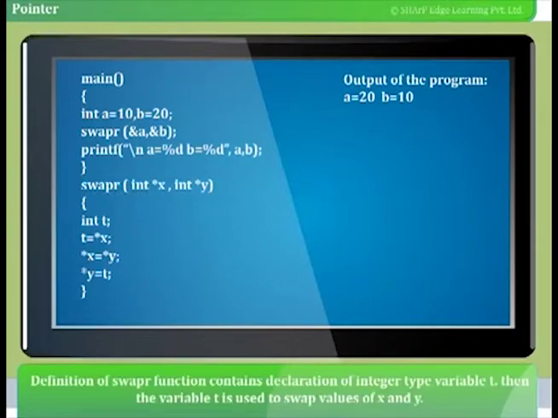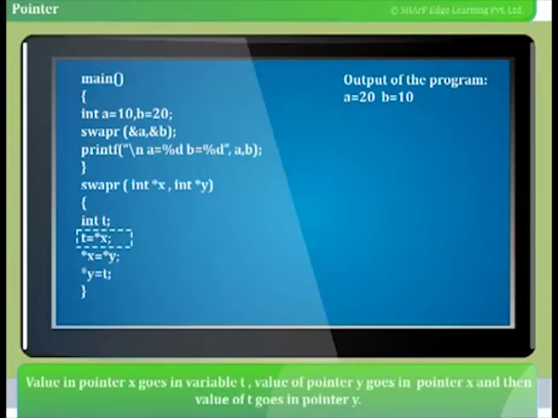The definition of the swap R function contains the declaration of an integer type variable t. Then the variable t is used to swap the values of x and y. The value in pointer x goes in variable t.